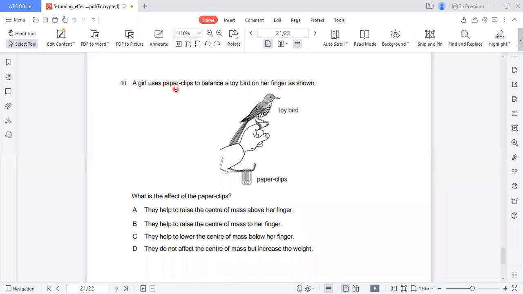A girl uses paper clips to balance a toy bird on her finger, as shown in the figure. It's a toy bird and these are paper clips.